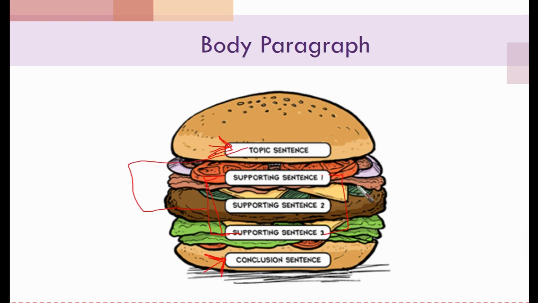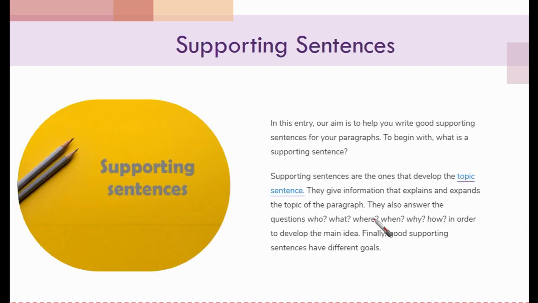It's the main important part, where the lettuce, patty, tomatoes, and cheese are. I guess without those patty, lettuce, and tomato, the hamburger is not that delicious, right? So we can say that it is a really important part of each body paragraph.